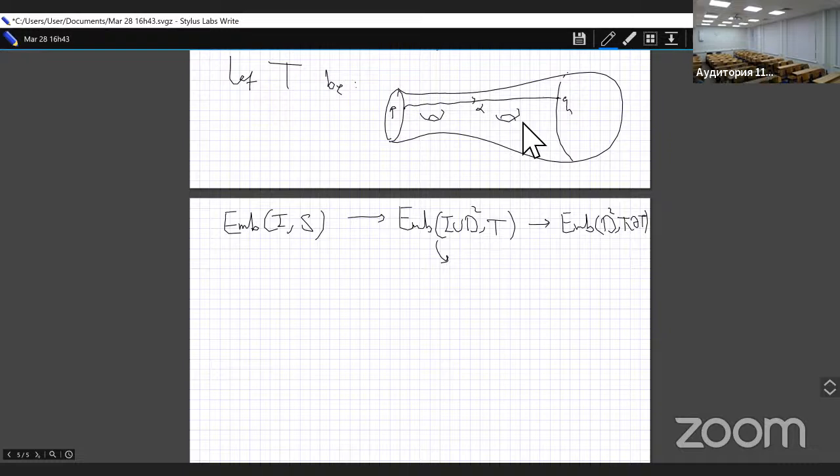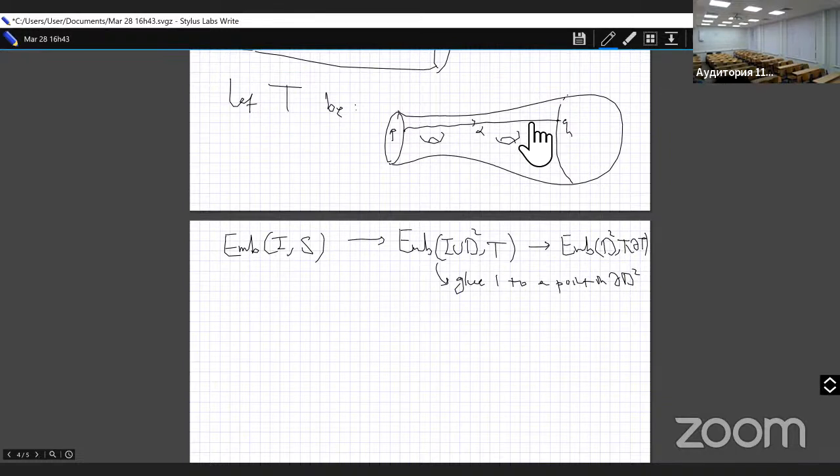This one is the embeddings of, first, connect, glue one with two points, so this thing is connected. What is T? D is just a disk.